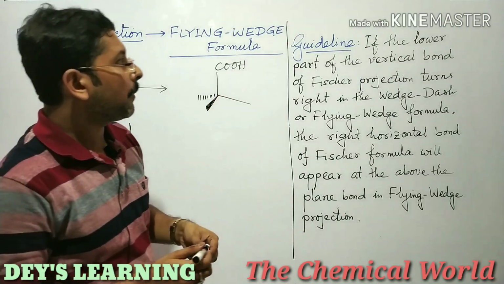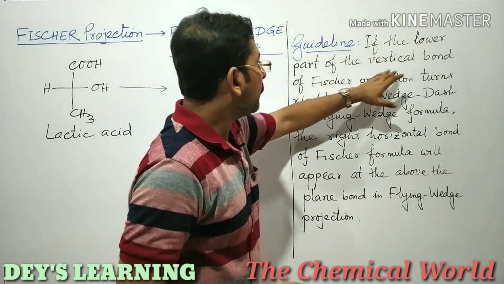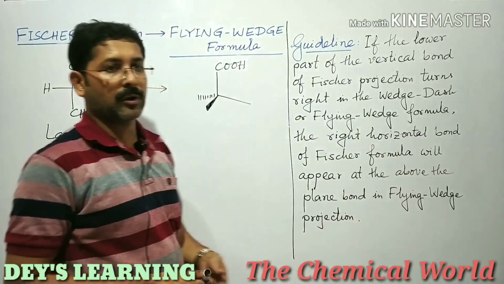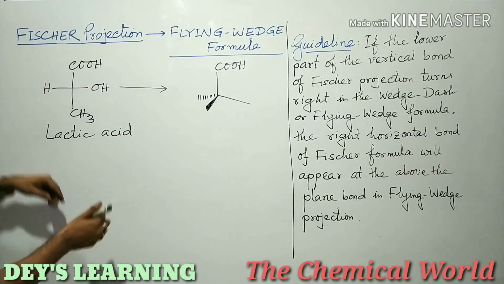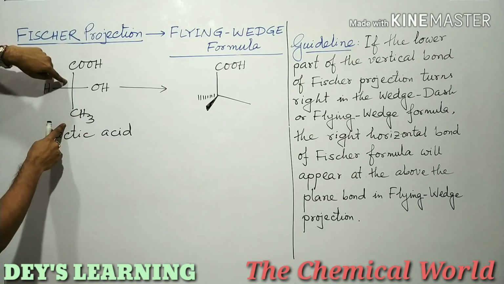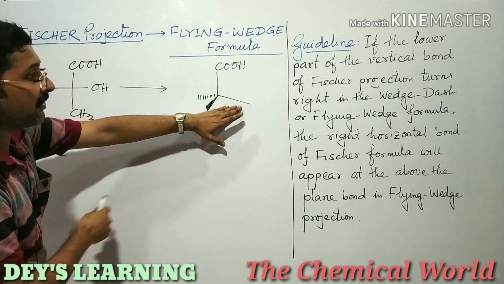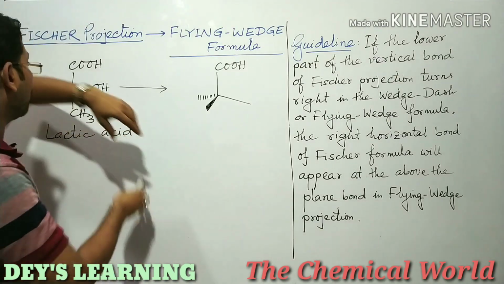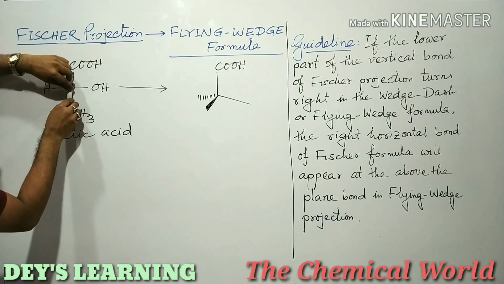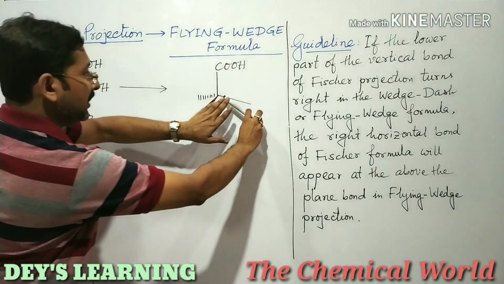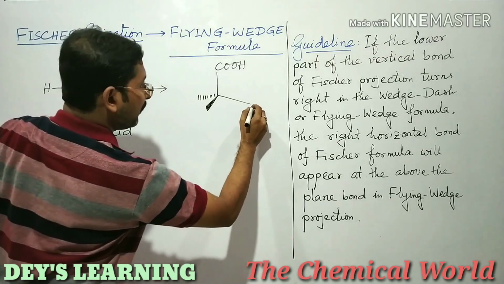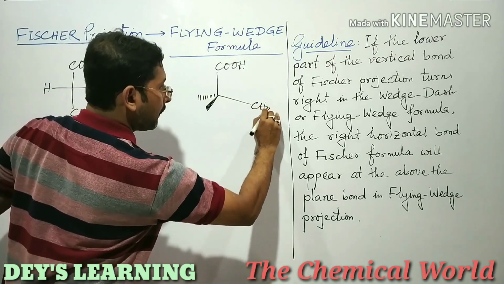This is our guideline. If the lower part of the vertical bond of Fischer projection turns right in the Flying-Wedge formula, look at here. This bond was actually vertical, but the lower part turns right. Here it is right turn. Say this one is CH3.